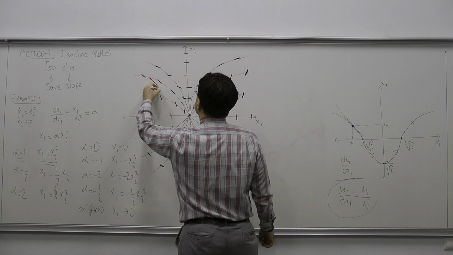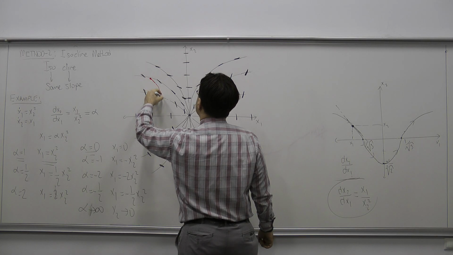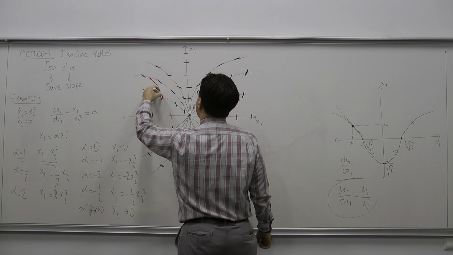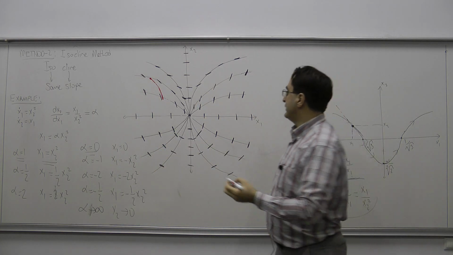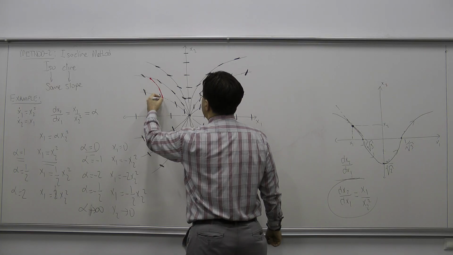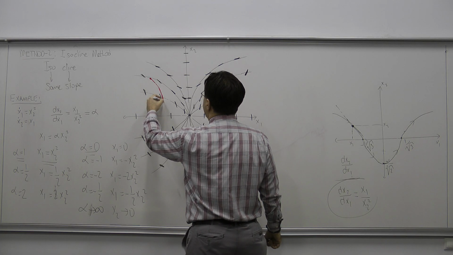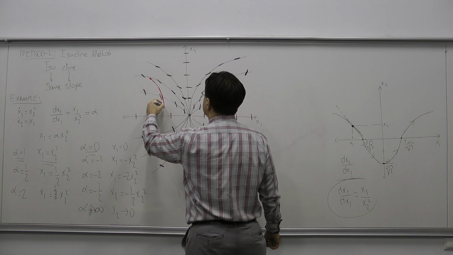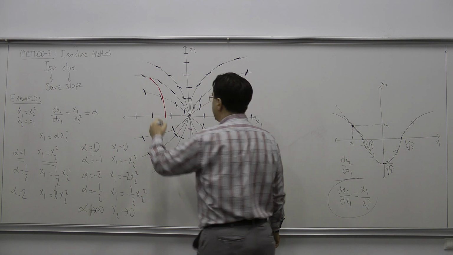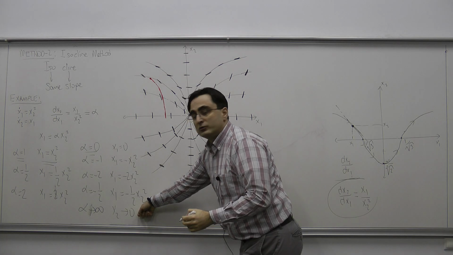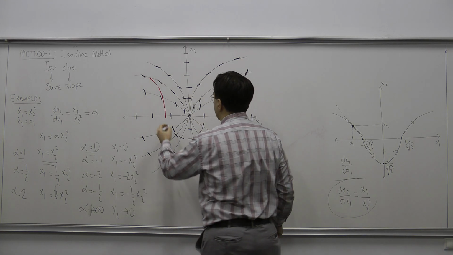And I know that when I reach this parabola, the slope would have to be -2, okay? And then when we go towards inside this parabola, the slopes are going to get more and more vertical, and we're going to be exactly vertical on the x1 axis due to x2 equals to 0.